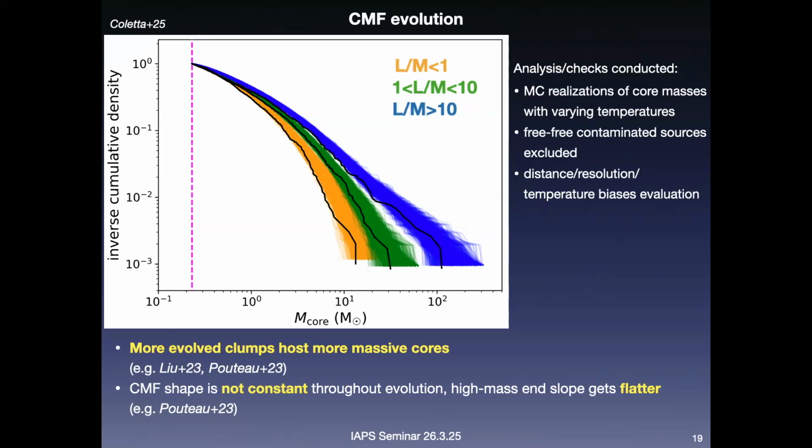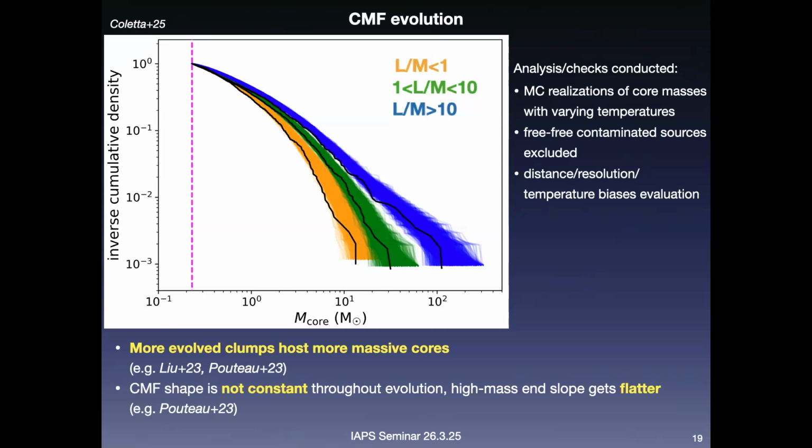We did this to take into account the influence and uncertainty brought by the choice of the temperature model on what we observe in the CMF. With 1,000 realizations for each subsample, we tried to see how it would impact the appearance of the three core mass functions.